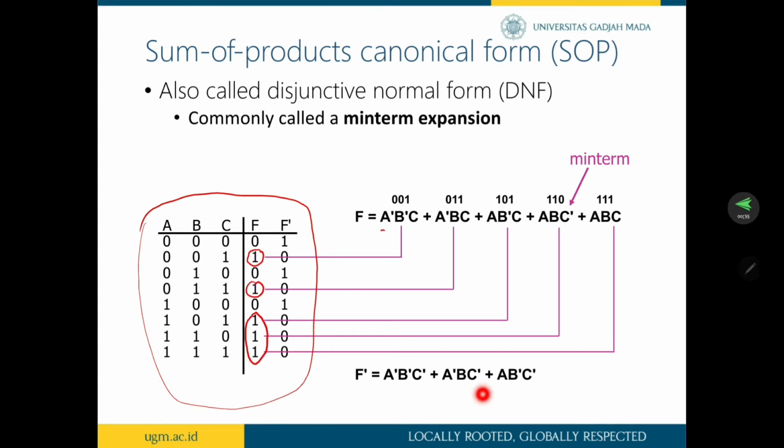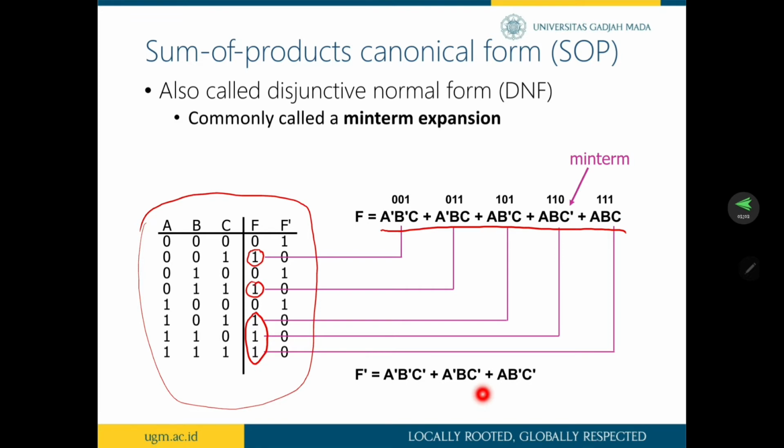So we can write this expression: A' dot B' dot C, or A' dot B dot C, or A dot B' dot C, or A dot B dot C', or A dot B dot C.